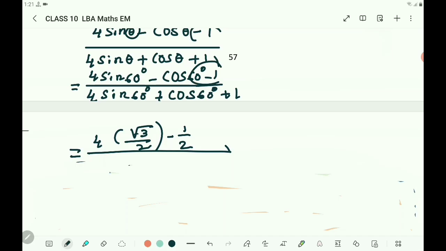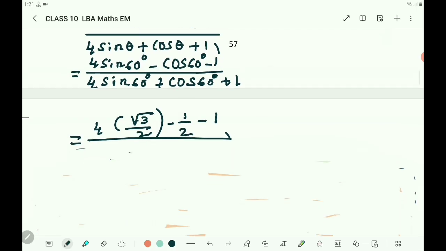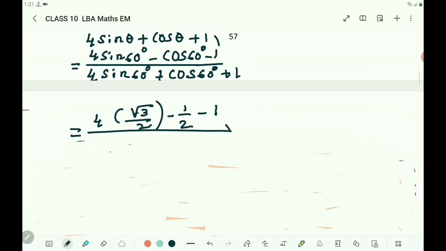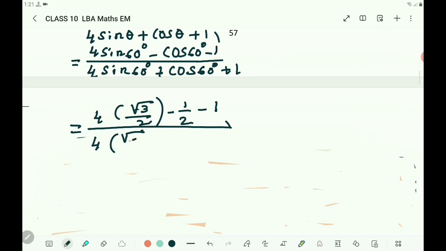Minus 1, you write minus 1 as it is. Then 4, again sin 60 is root 3 by 2. Cos 60 is 1 by 2. It is not minus, it is plus. Plus 1 by 2 plus 1.